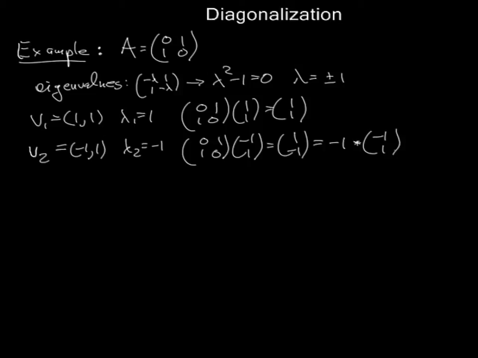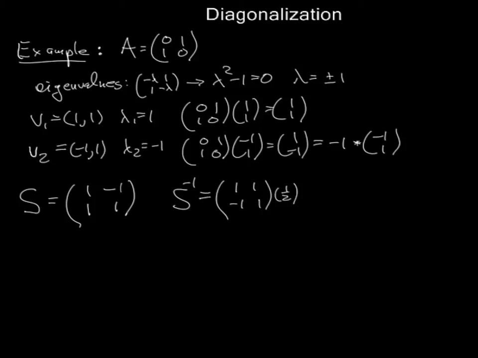All right, so let's make the matrix S. We put v1 in the first column and v2 in the second. And you compute S inverse. What's that? Well, it's 1, 1 on the diagonal and looks like this. And the determinant is 2, so you have to stick in this plus a half. So let's compute S inverse AS. Just write it down.